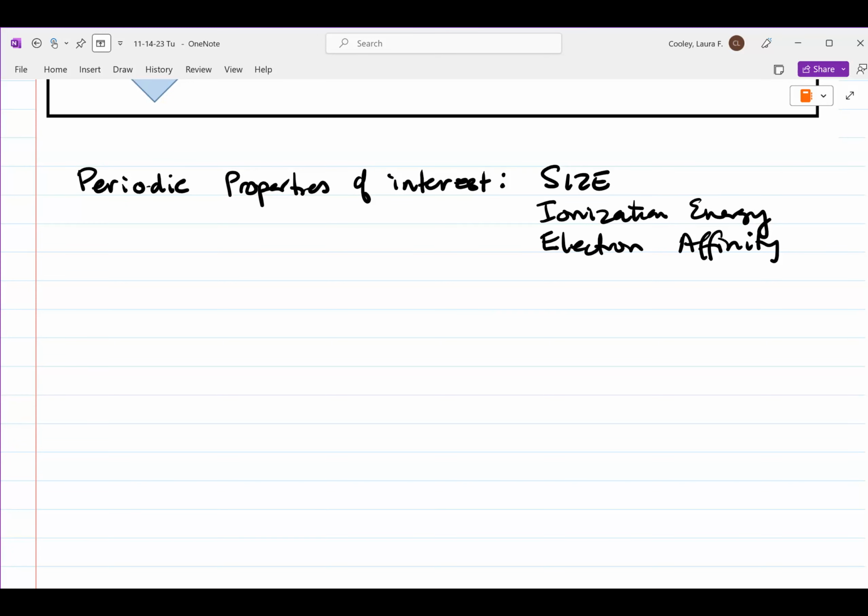So electron affinity is like how much that atom wants an extra electron.